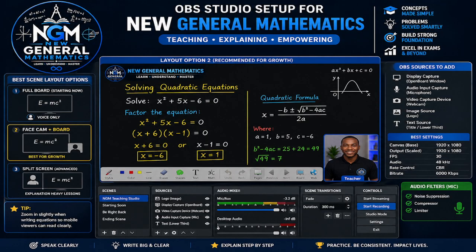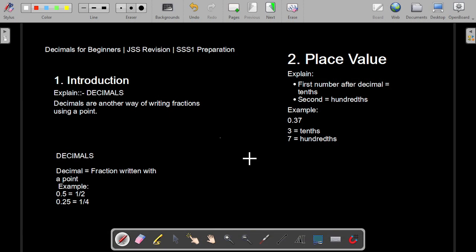Last time we talked about fractions, and we said a fraction is a way of representing a number of a whole. So today we are still on fractions, in another way: decimals, which is very, very important.